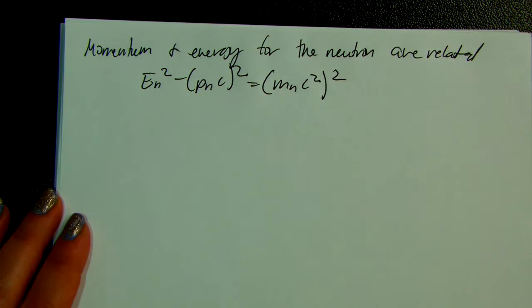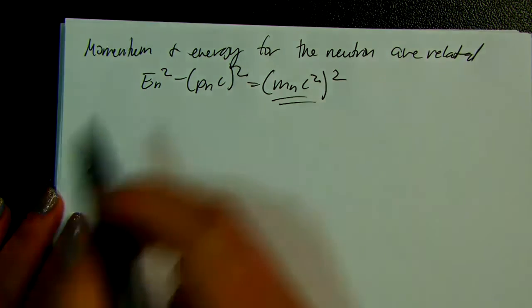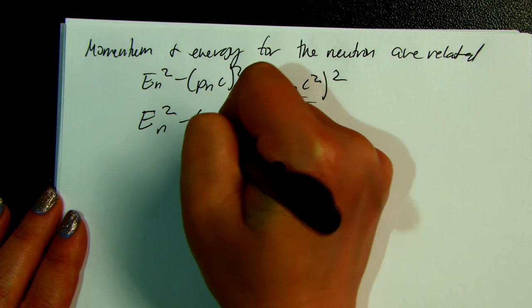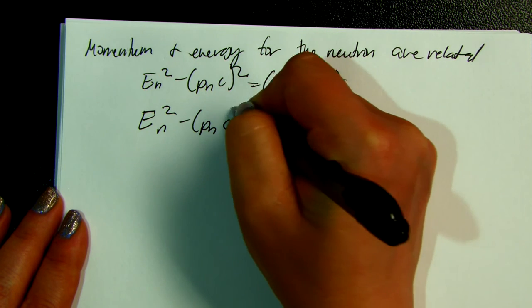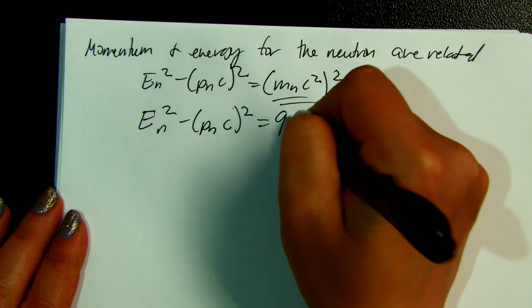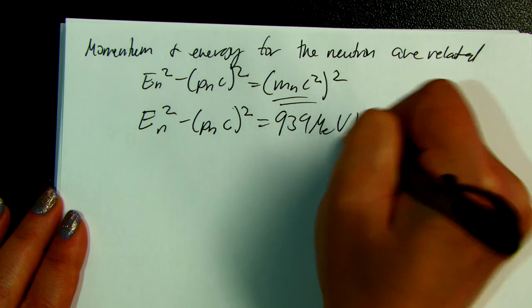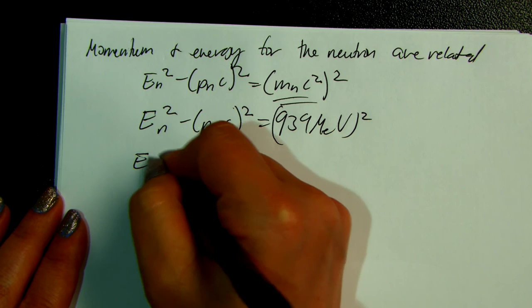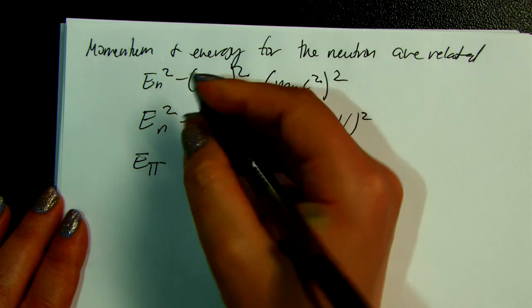Okay, so we know what this is for the neutron, so we can then say En squared minus (Pn c) squared is equal to (939 MeV) quantity squared, and then it would follow for the pion, the pi minus particle.